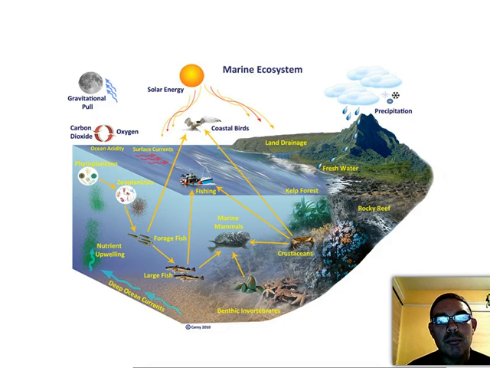And here, just to show the complexity of an open ecosystem, there's a lot of things going on in this diagram. Let's start with the obvious, the phytoplankton at the base of the food chain, photosynthesizing, eaten by zooplankton, zooplankton eaten by little fish, which are eaten by larger fish, and then marine mammals and large tuna and the biggest fish in the ocean.